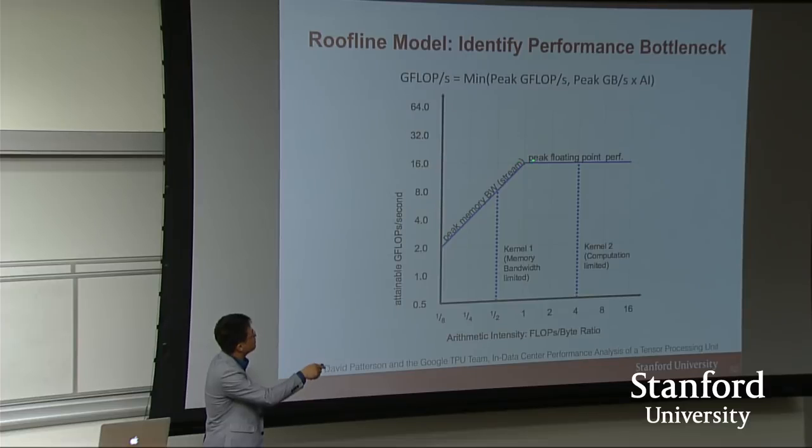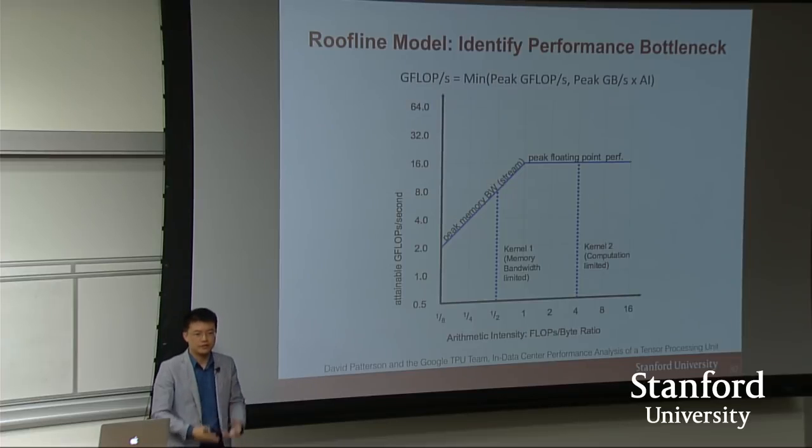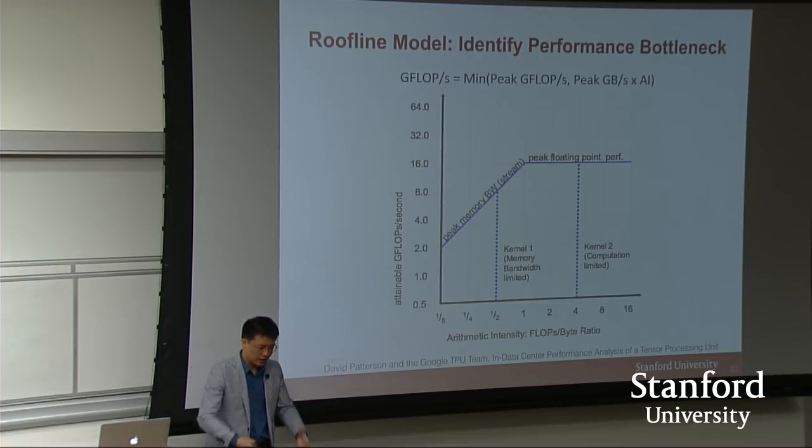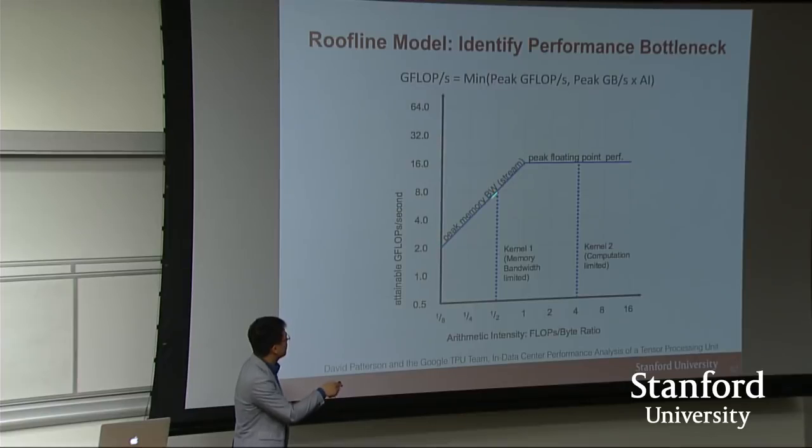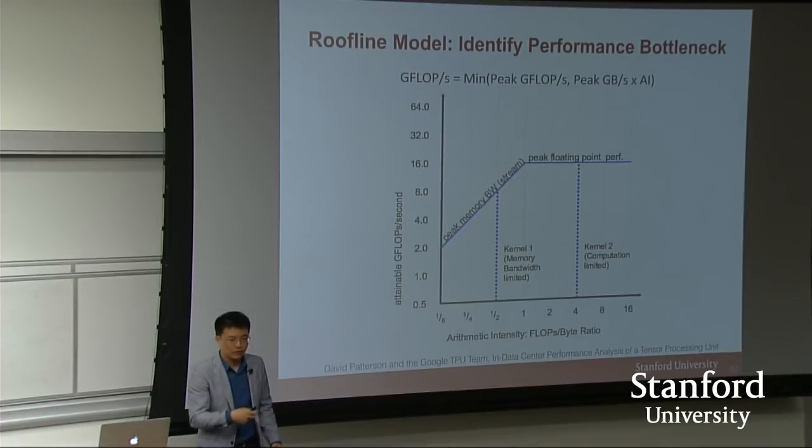Here is the peak performance. When you fetch a single piece of data, if you can do a lot of operations on top of it, then you are bottlenecked by the arithmetic. But if you fetch a lot of data from the memory and do just a tiny bit of arithmetic, then you will be bottlenecked by the memory bandwidth.